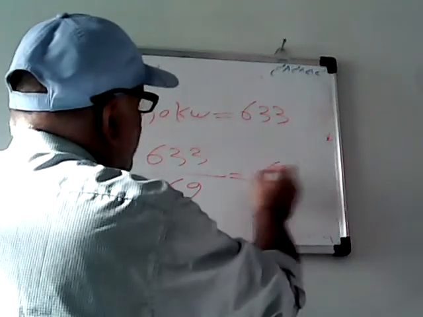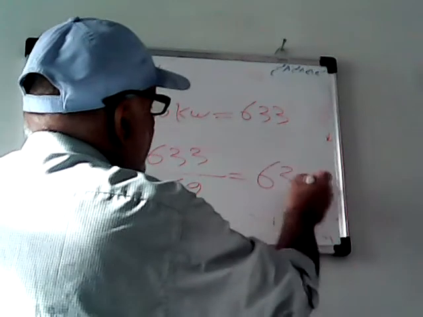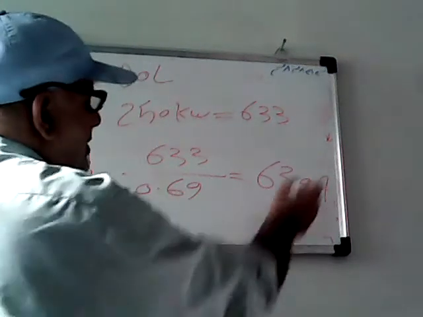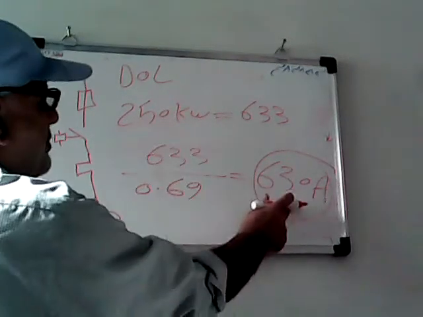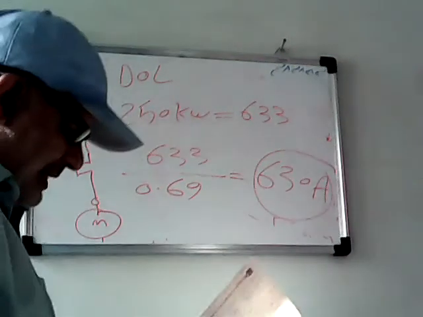Okay, your fuse is 630 ampere. That's your fuse for this electromotor. Rate of fuse. Very easy and fast.